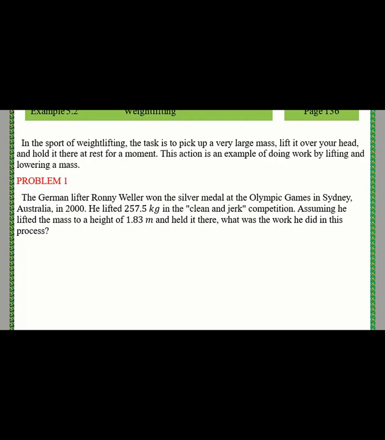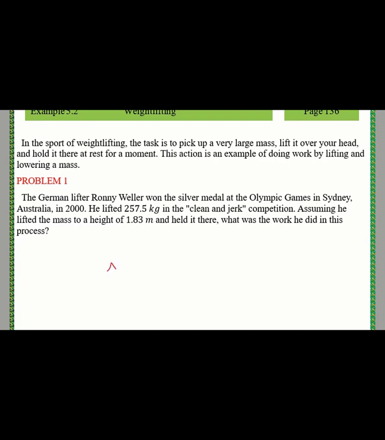He lifted 257.5 kilograms in the clean and jerk competition. Assume he lifted the mass to a height of 1.83 meters and held it there. What is the work he did in this process?